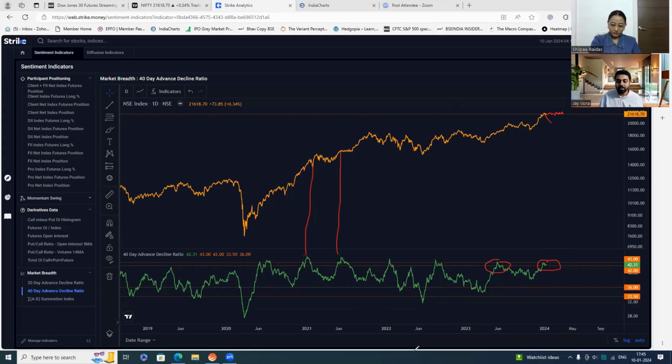So like I said, all these sentiment indicators are throwing us some warning signs, but the main thing is that we so far don't have a confirmation from the price action.